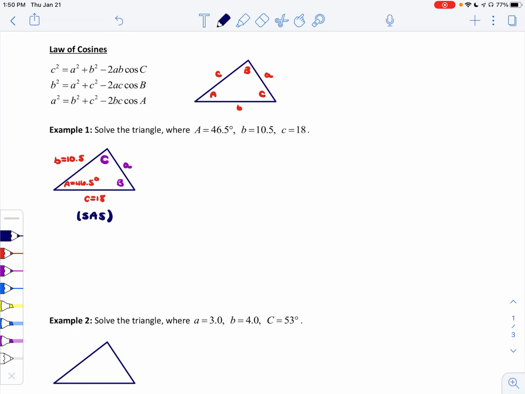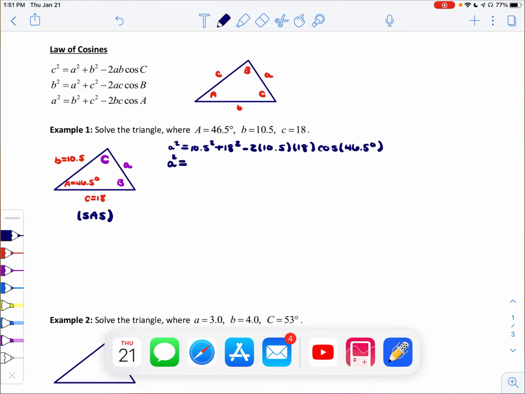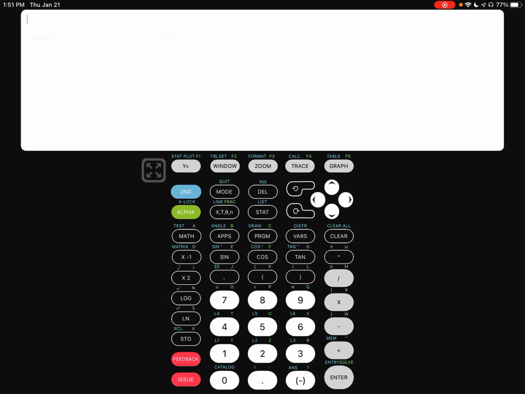Let's plug in this information. We have a squared is equal to 10.5 squared plus 18 squared minus 2 times 10.5 times 18 times the cosine of 46.5 degrees. Because our variable is already by itself on the left-hand side, we can plug this into our calculator exactly like that. Let me pull up my calculator here.